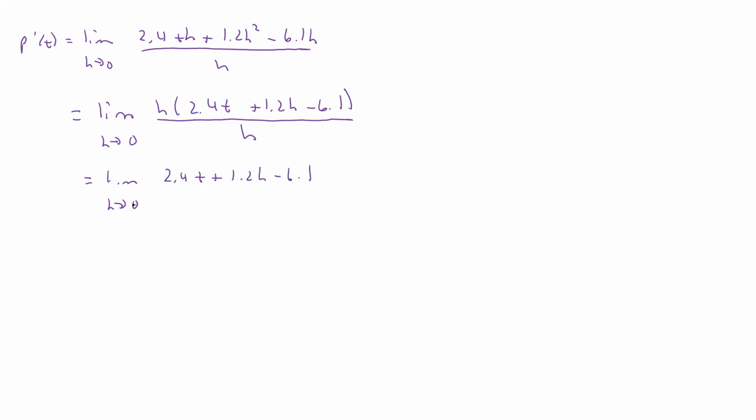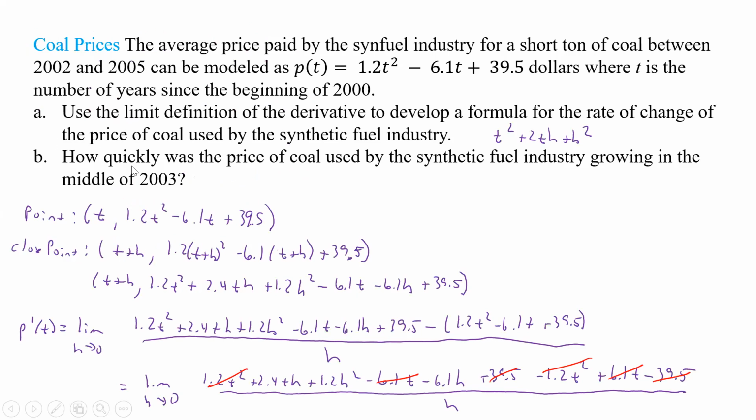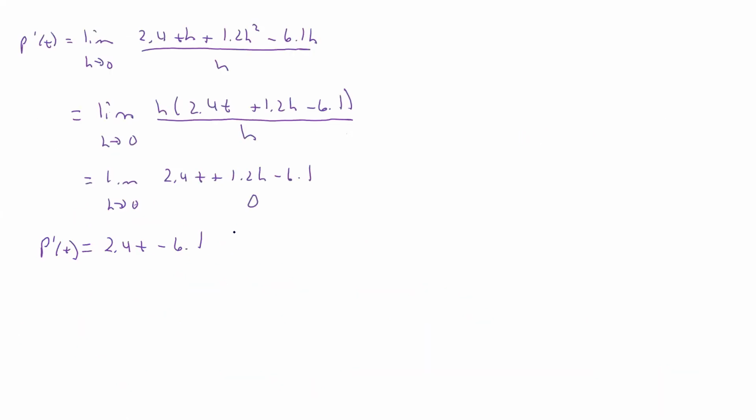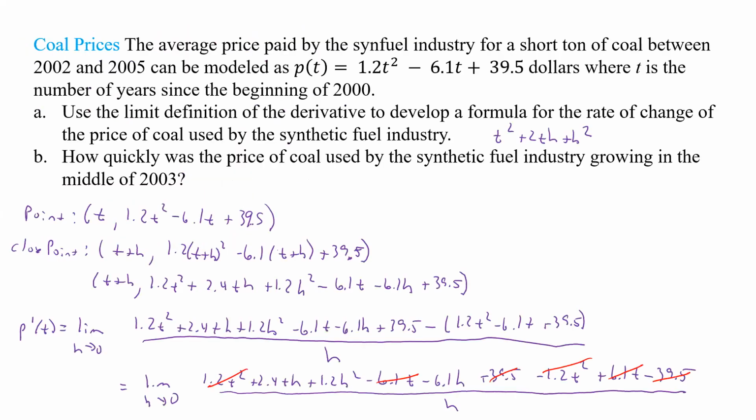And if we plug in h equal to 0, that goes to 0, and we're left with 2.4t minus 6.1. Okay, and so that's what p prime of t is equal to. Now, what were our units again? I think it was dollars per year. So that's our rate for the coal prices here.